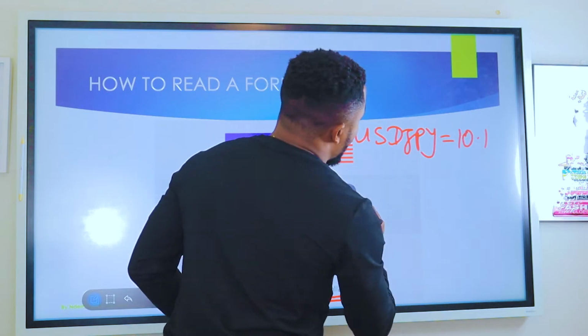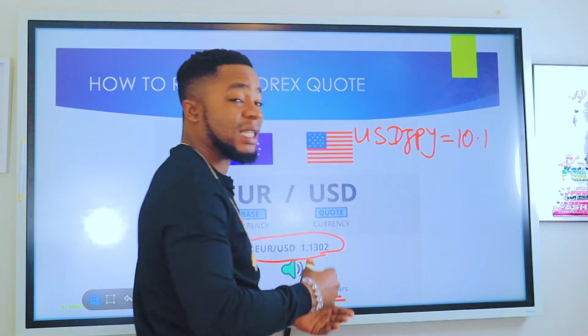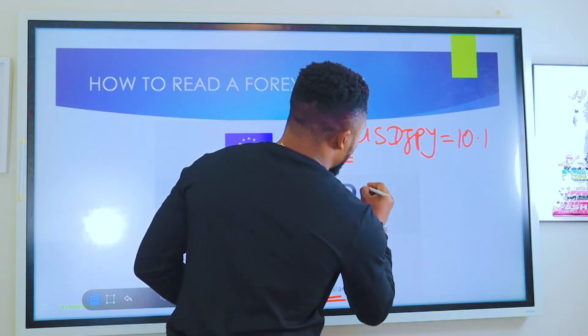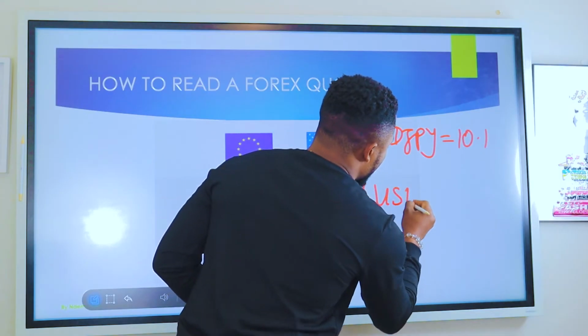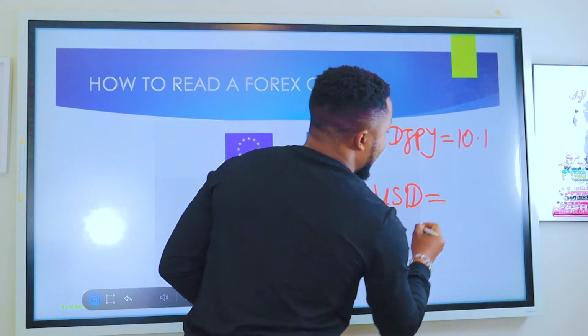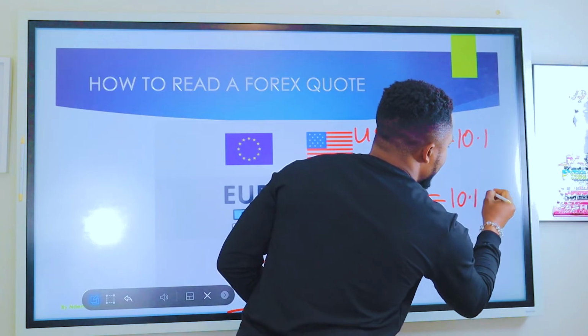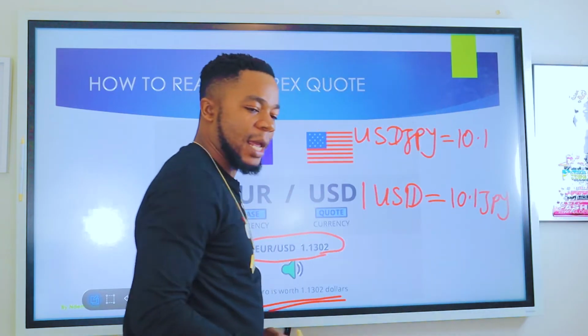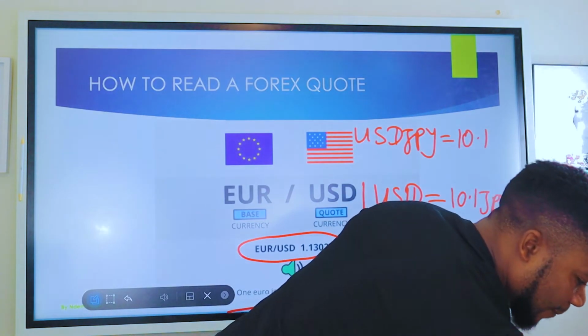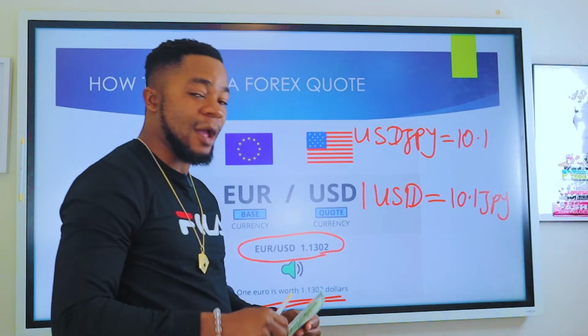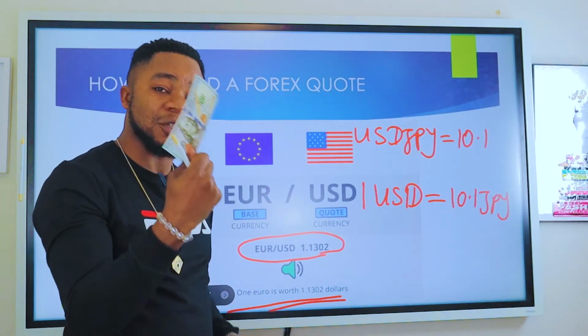If you want to expatiate on this particular quote, it means 1 USD, 1 United States dollar, is equal to 10.1 Japanese yen. Let's just say I have a dollar here.